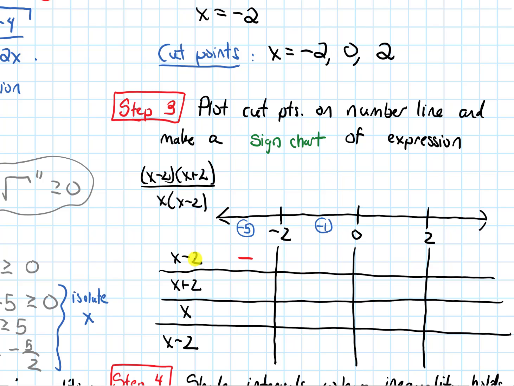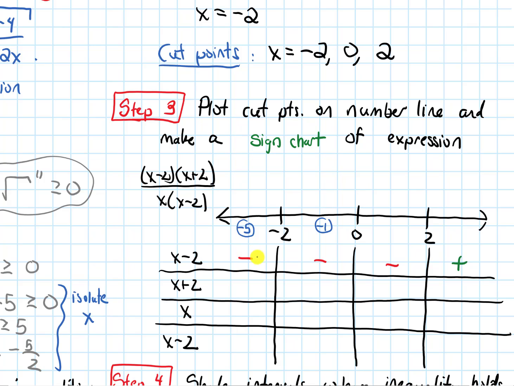If I plug that into x minus 2, I still get a negative value. If I keep going like this, if I plug in something between 0 and 2, like 1 into x minus 2, I still get a negative. But when I plug in something bigger than 2, like 3, this becomes positive. So I'm going to do sign analysis in this way.